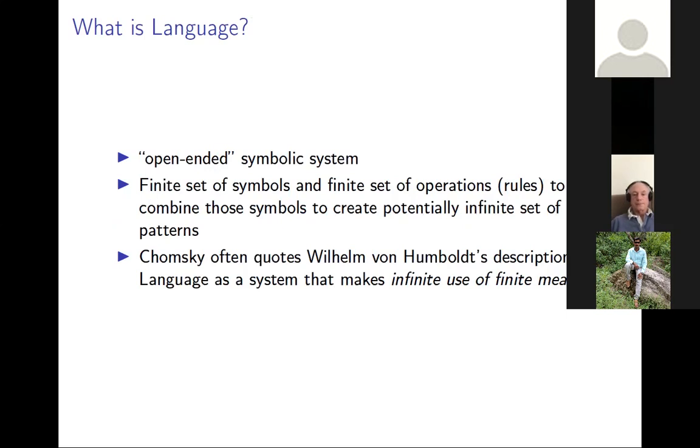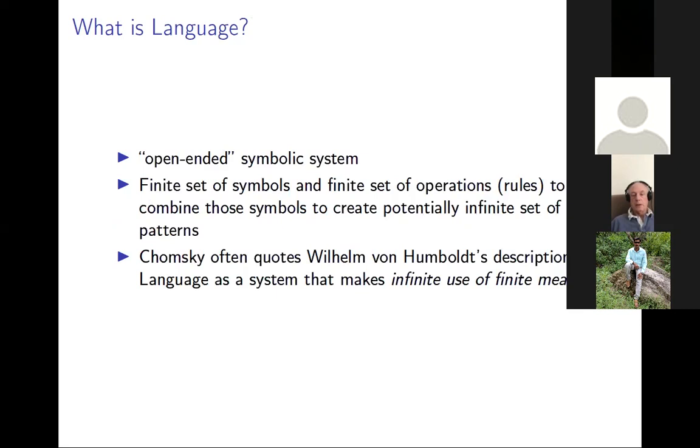It's an open-ended symbolic system. What do you mean by that? It means that there is a finite set of symbols, and a finite set of operations, which can be thought of as rules or constraints. You use those rules to combine those symbols to create a potentially infinite set of patterns or messages.